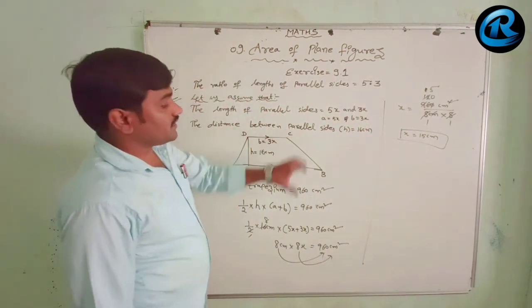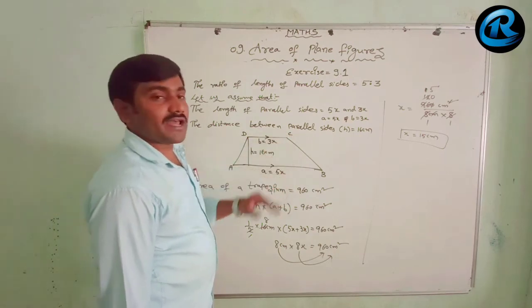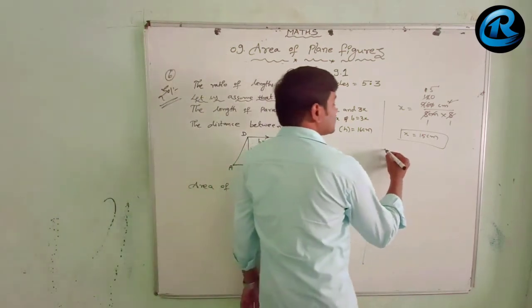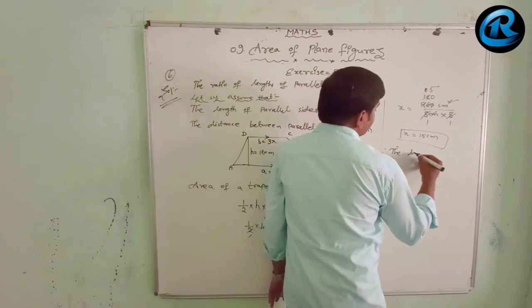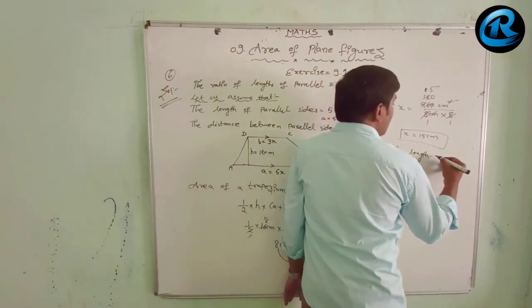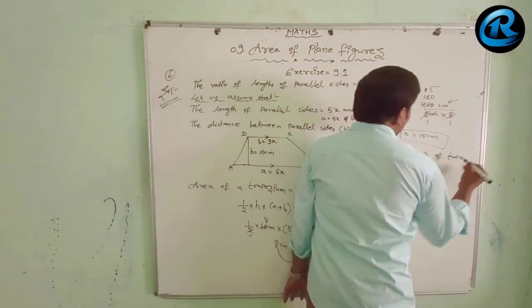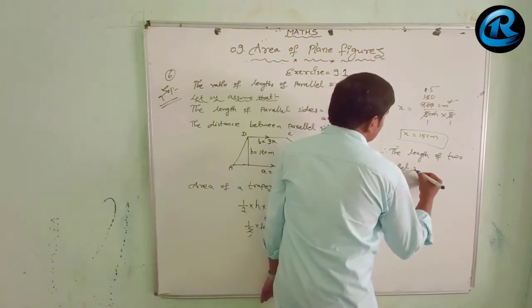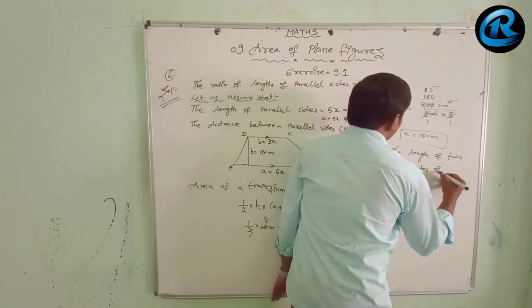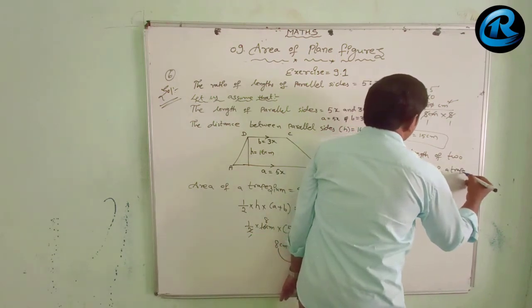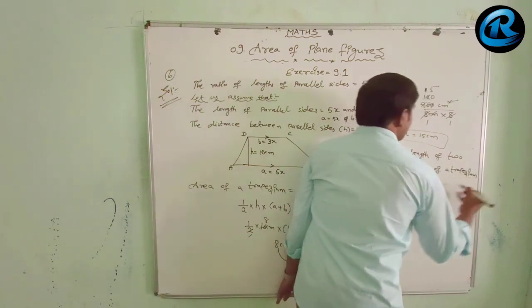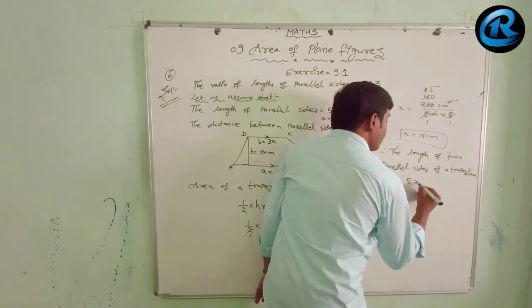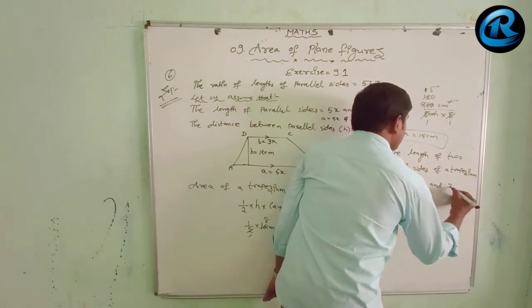But we require the actual length of these two parallel sides. The length of the two parallel sides of the trapezium is equal to 5x and 3x.